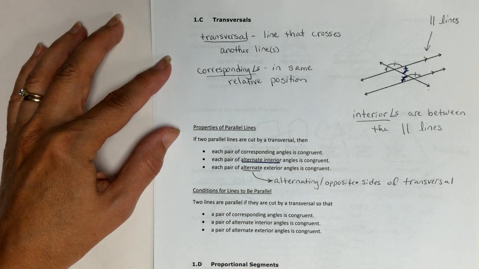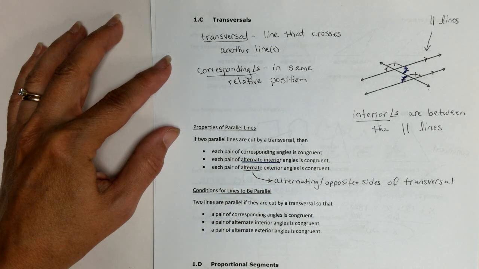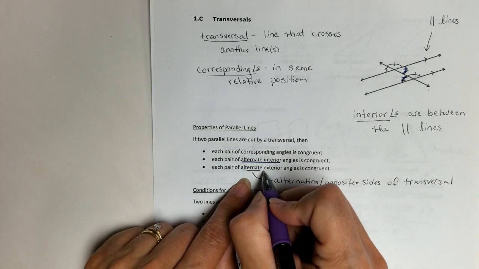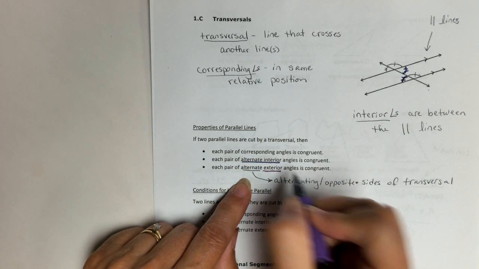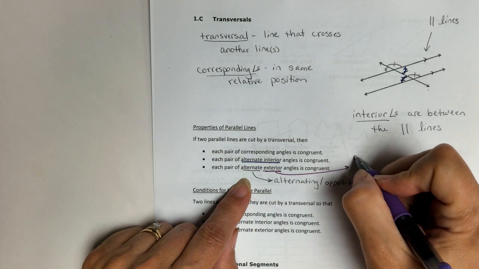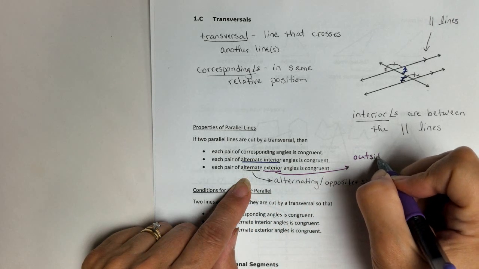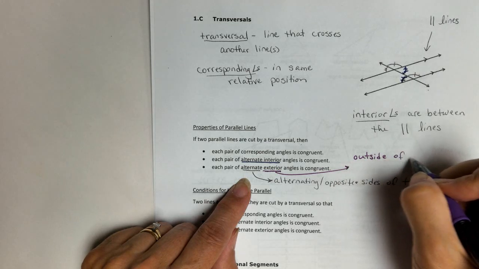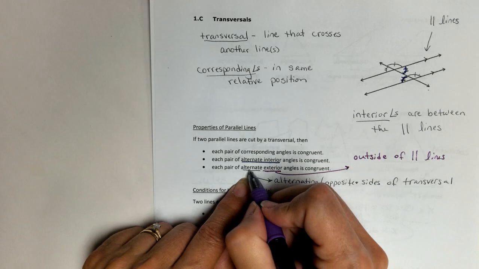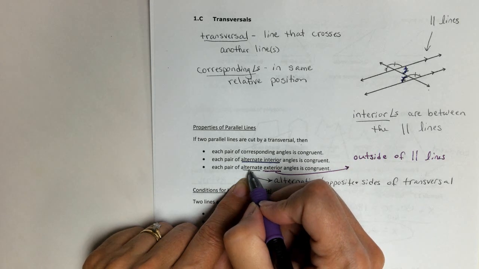Okay, then also, I'm not sure, hopefully this will work for everybody. For alternate exterior, they're on the outside of the parallel lines, but they're still on alternating sides of the transversal.